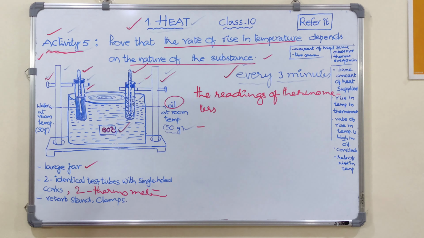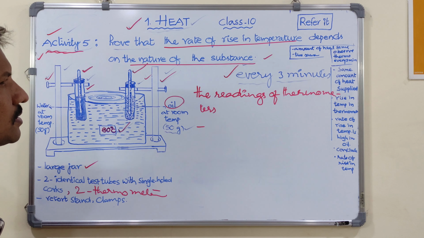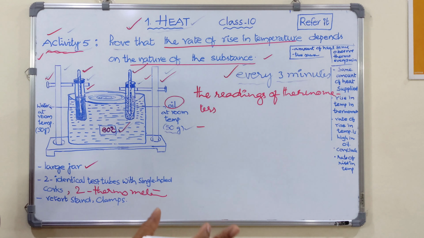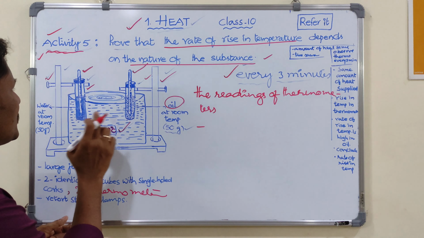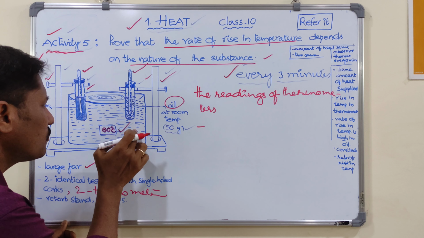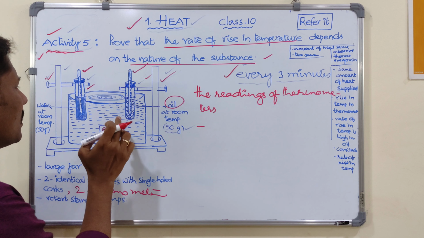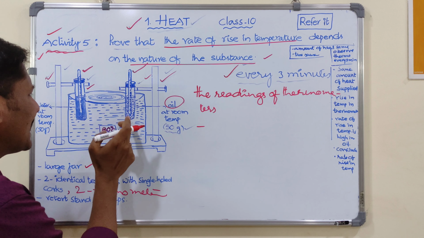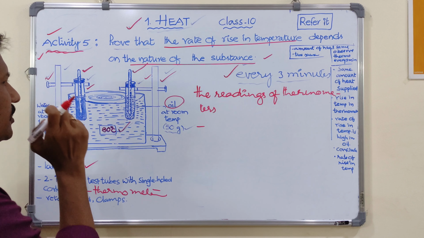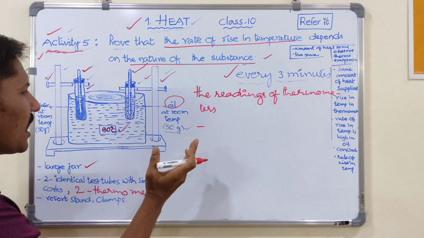You can observe that the readings of the thermometer in both test tubes will be rising, will be increasing. Why? These two test tubes are kept in hot water. The heat energy from this hot water is transferred to these two test tubes, and because of that heat energy, the readings of these two thermometers rise.